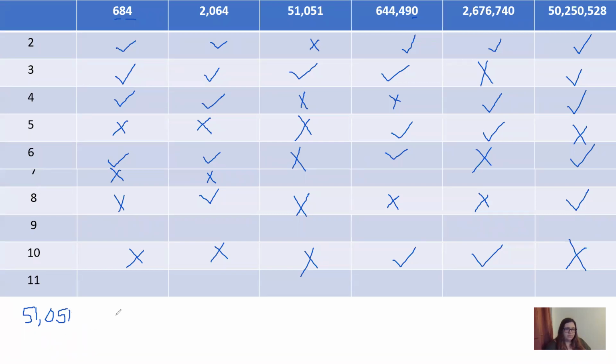So 1 times 2 is 2. So we have the 2. And then you have the remaining number, 5,105, minus 2 equals 5,103.